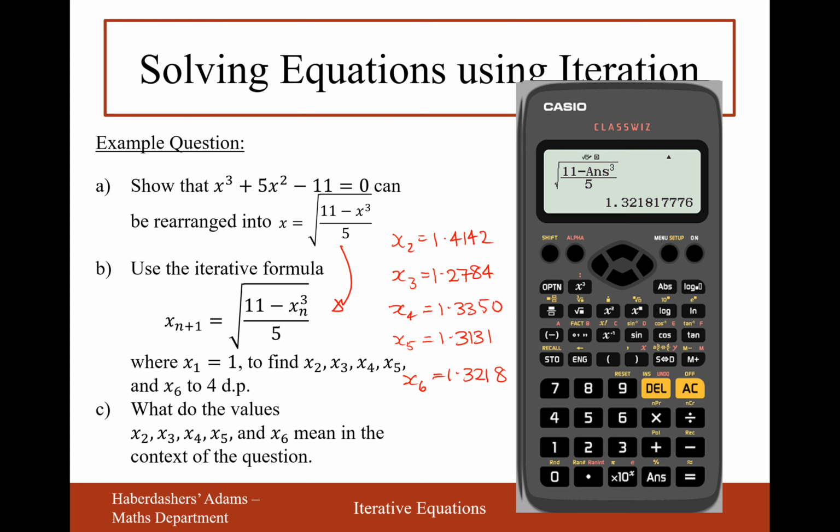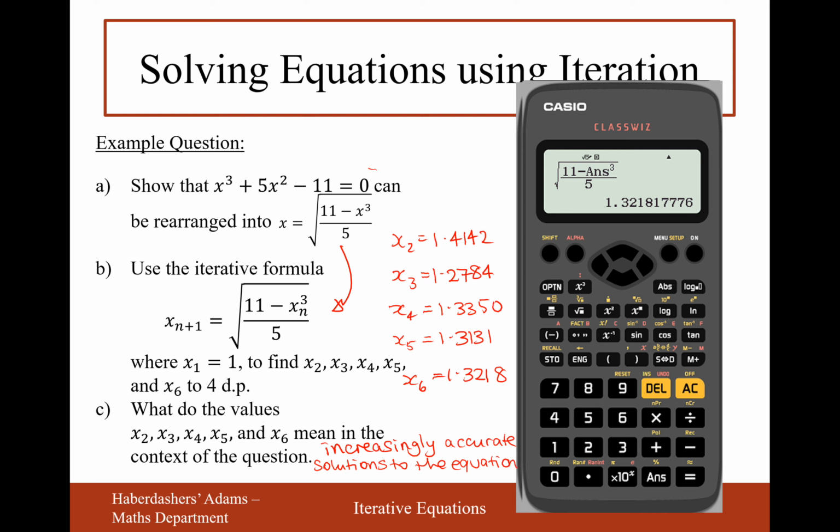So a different part C here. Part C says, what do the values x2, x3, x4, x5, x6 mean in the context of the question? And the answer to this is, they are increasingly accurate solutions to the equation.